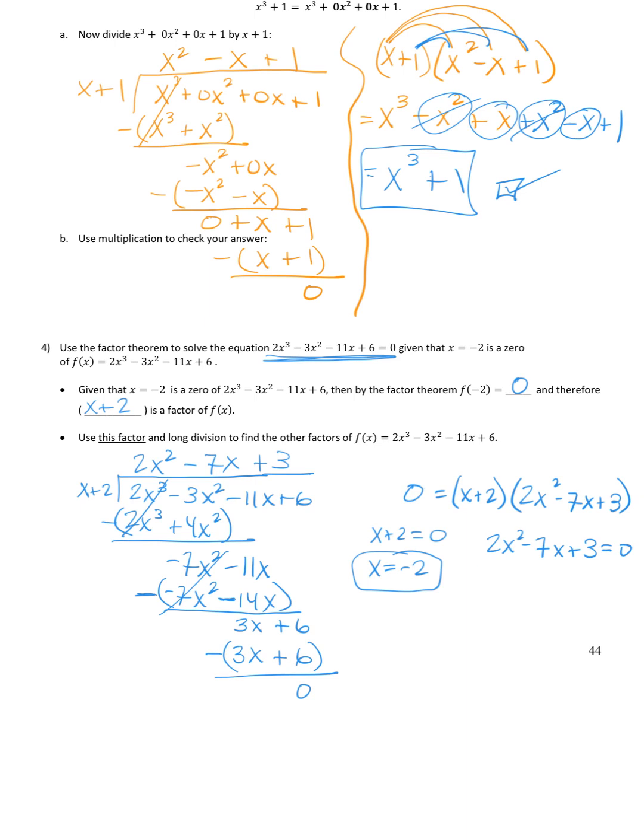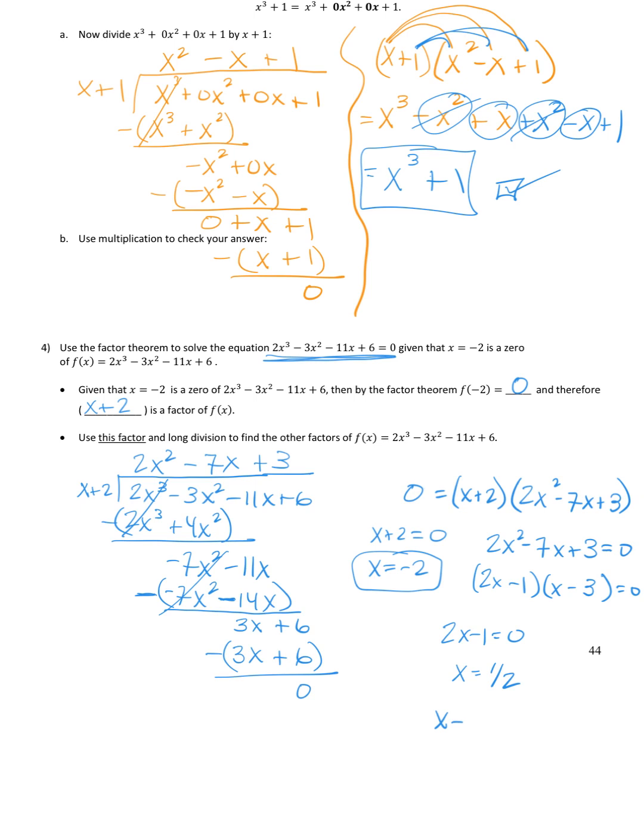And I can either try to factor that or use the quadratic formula to finish solving. I believe this is going to factor to 2x and x. And I need a negative 7x. So maybe minus 3 minus 1, because that would give me the 2x squared, negative 6x minus x plus 3. Yep, that works. Then set each of those factors equal to 0. 2x minus 1 equals 0, which gives me x equals a half.